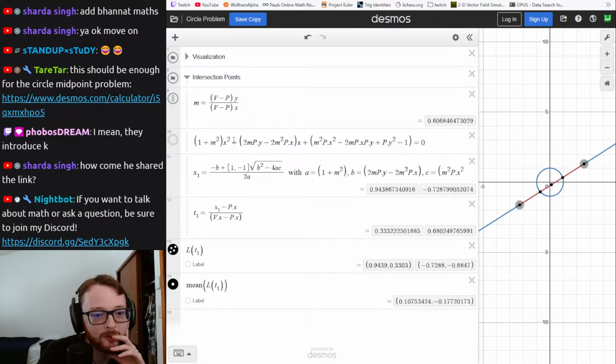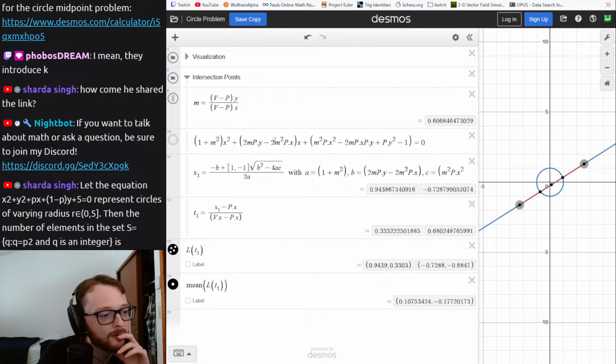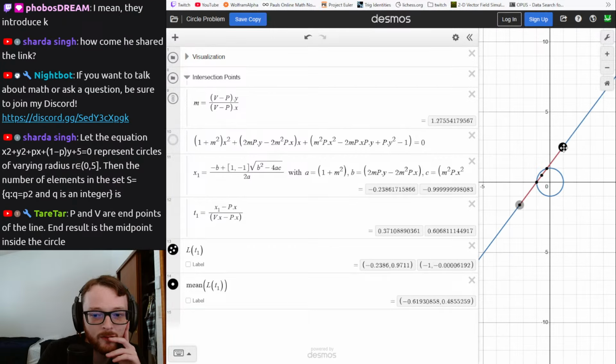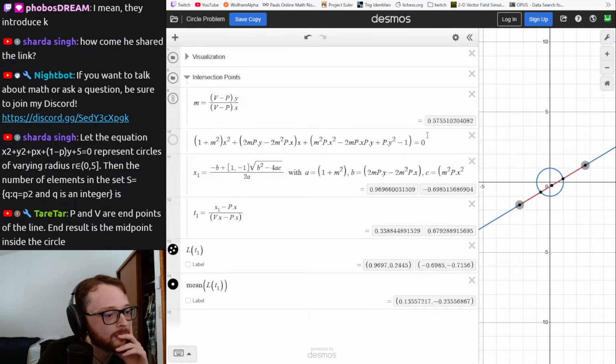What's happening here? P and V are the endpoints of the line.